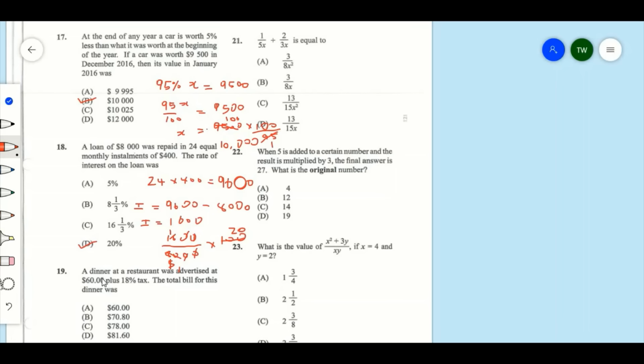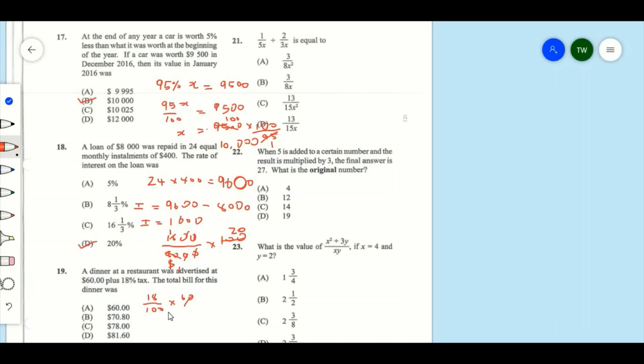Number 19, a dinner at a restaurant was advertised at $60 plus 18% tax. The total bill for the dinner was, we need to find the amount of money for the tax. So the amount of money for the tax is going to be 18%, and 18% here just means 18 over 100 of the cost price, so it's times the cost price, which is $60.